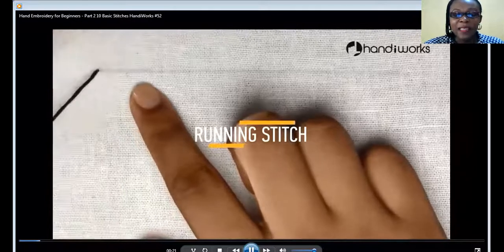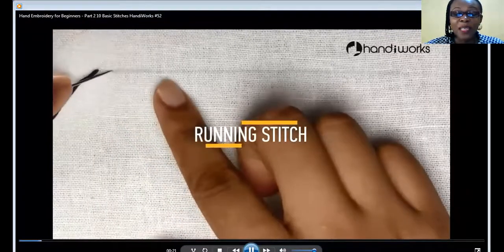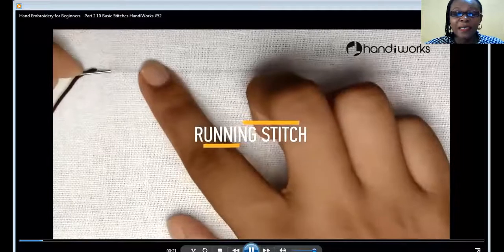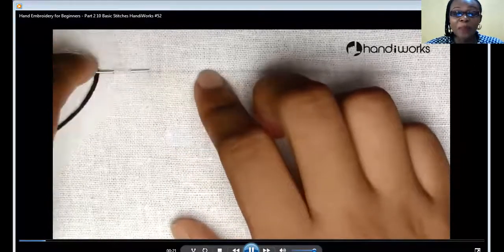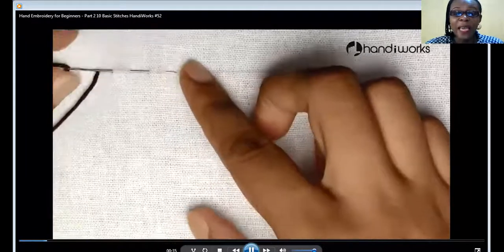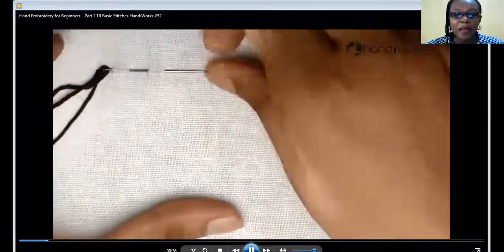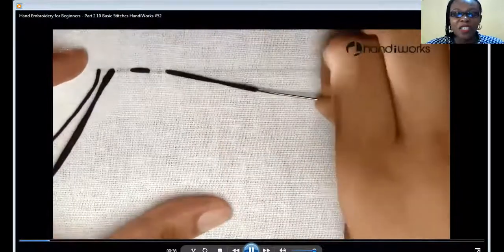Now, the lady is trying to sew running stitches. Watch the lady very closely. You can see how she is passing the needle and thread in and outside the fabric in order to make a stitch.